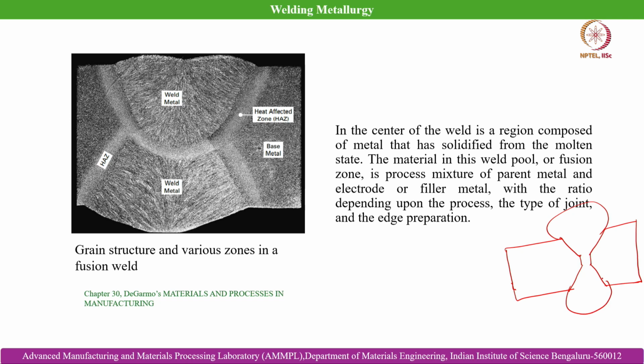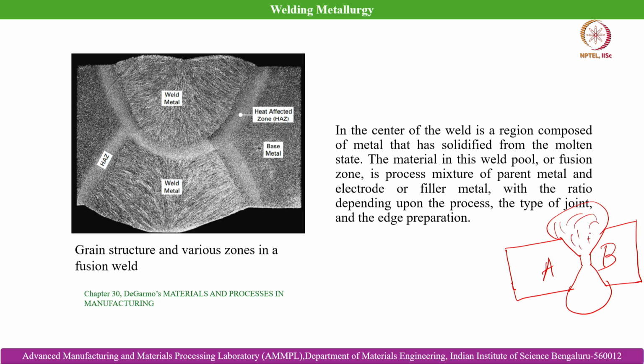In this case, this is the root region of the welding, where the adjoining plates A and B are closest to each other, and this is the V joint which is prepared, where the filler material, if it is used, or the molten metal generated because of the localized melting of the adjoining plates A and B, gets drained and collected in this weld pool.